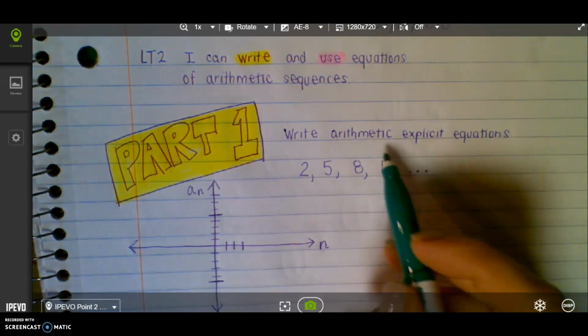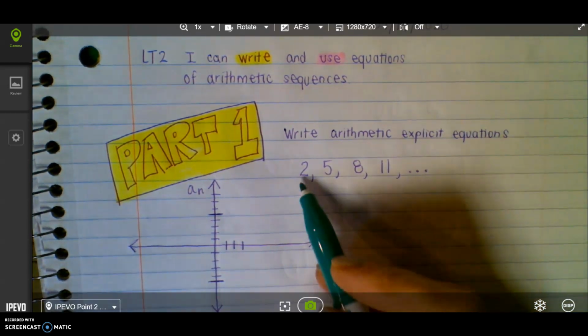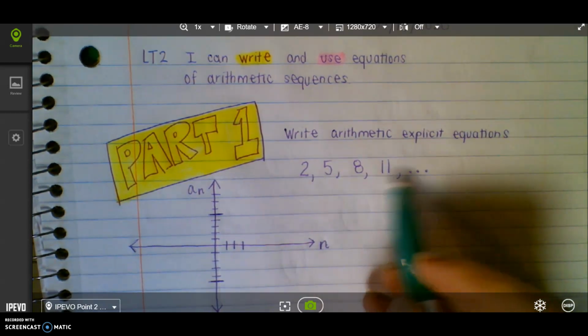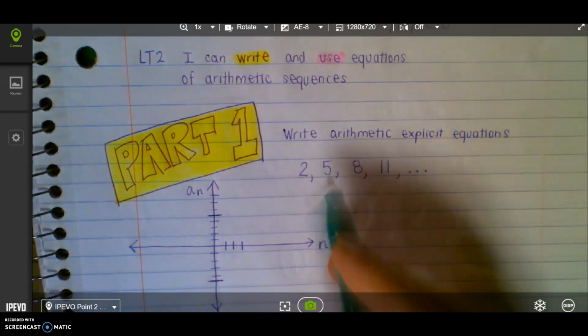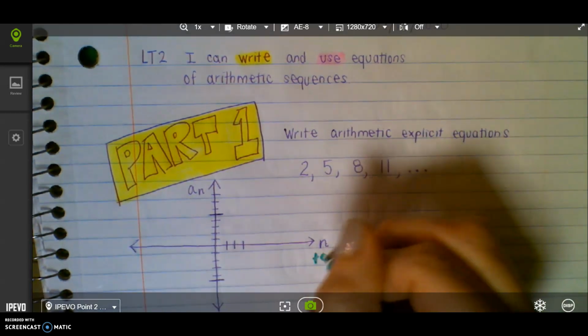So in order to write the arithmetic explicit equation, let's figure out what function this is first. I'm going to plot each of these terms on a graph. Quickly, I said this in the first video, but we're not using x anymore, we're using n, and n just stands for the term number.